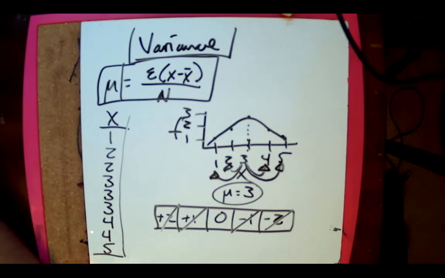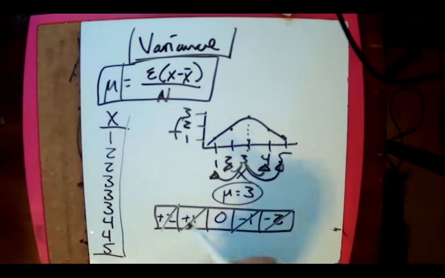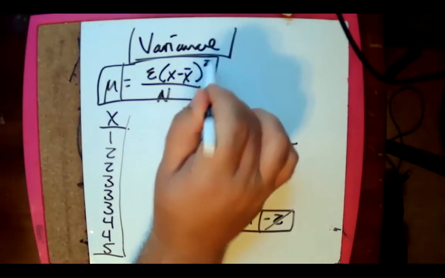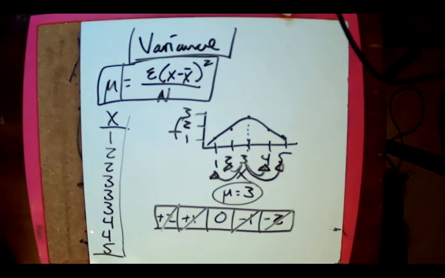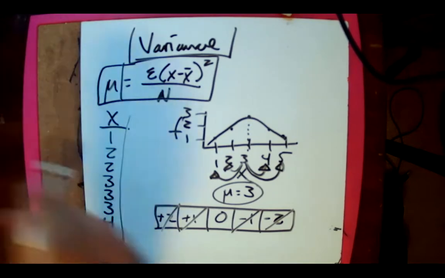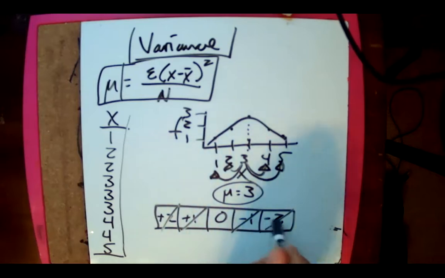So what we do with the variance is we square each value, right? So we would change this formula a little bit and go, let's take the squared values from the center. And we do that just to get rid of the negative numbers. But you can't only treat the negative numbers. You have to be fair and treat every single one of these numbers.